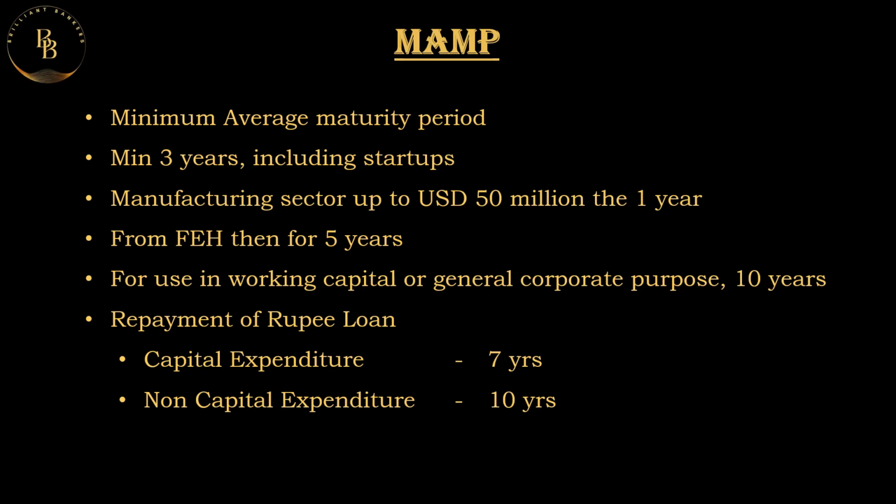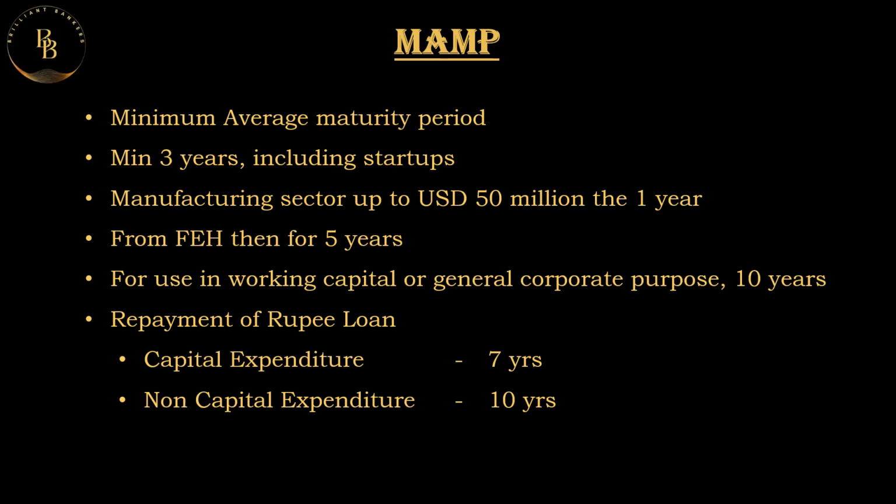So the minimum average maturity period is 3 years, including the startup case. If it is for the manufacturing sector, for an amount of up to US $50 million, it is 1 year. If there is any investment by a foreign equity holder for the purpose of working capital, general corporate purposes, or repayment of a rupee loan, then it is 5 years.